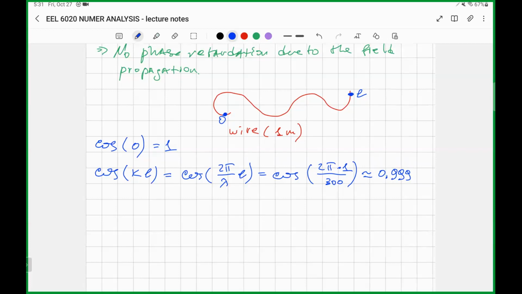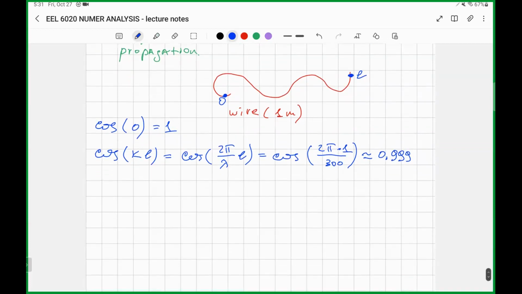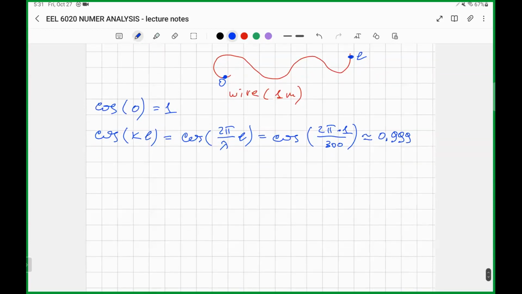At the same time, this allows us to use the RLC, or lumped element, approach.